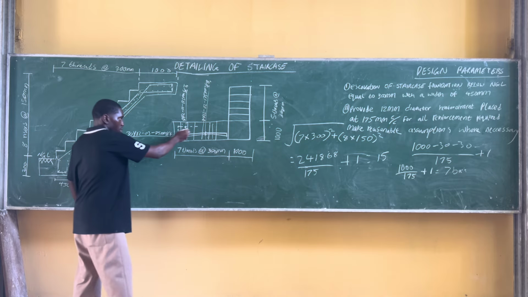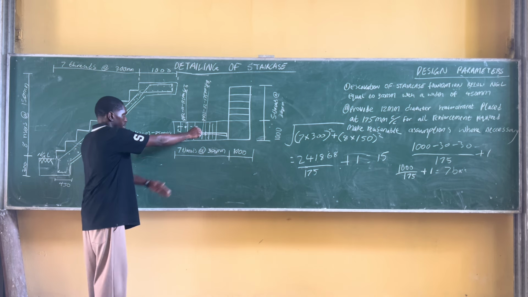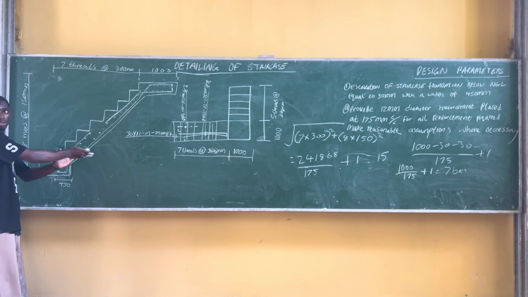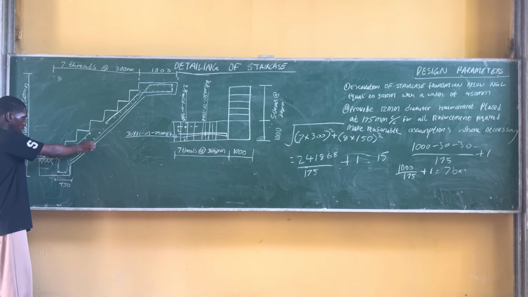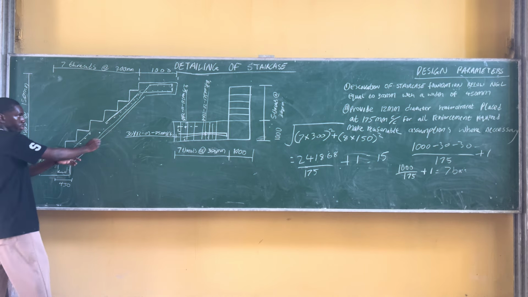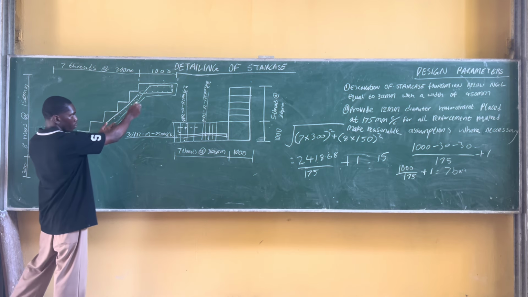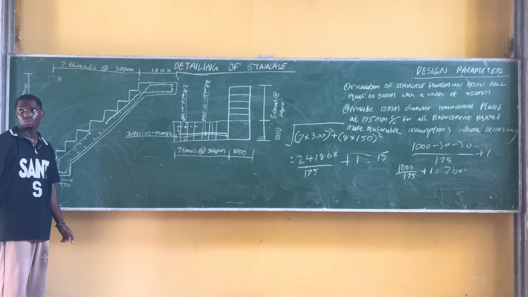If you cut this part into half, what are we seeing? We are seeing half of this, like it will be like this. That's why I drew the sectional view first, which will look like this. That is what you're trying to think, that these are B1. Yes, these are B1, spanning from here to here. You understand?